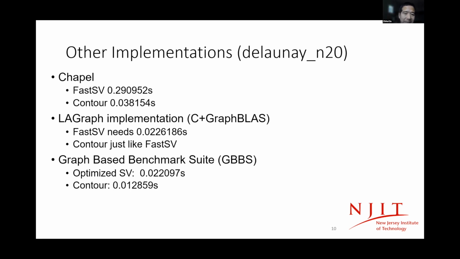At the same time, we can see that the absolute execution time used by Chapel is much larger than the C++ and the C-based graph package methods.